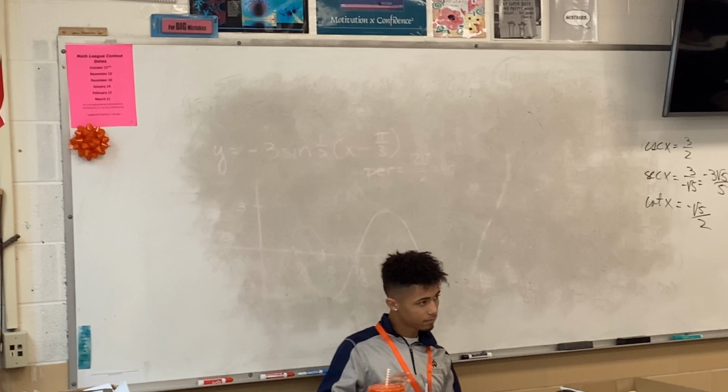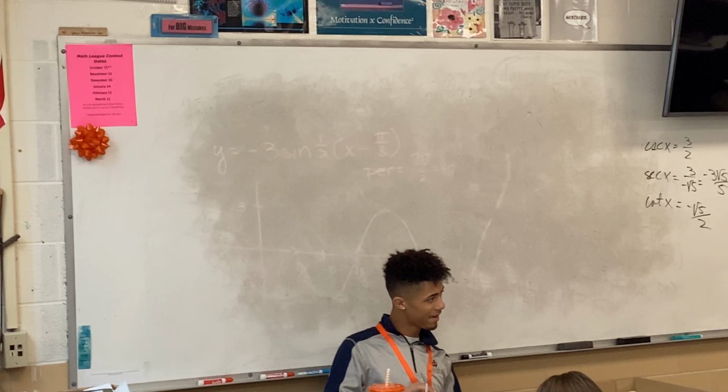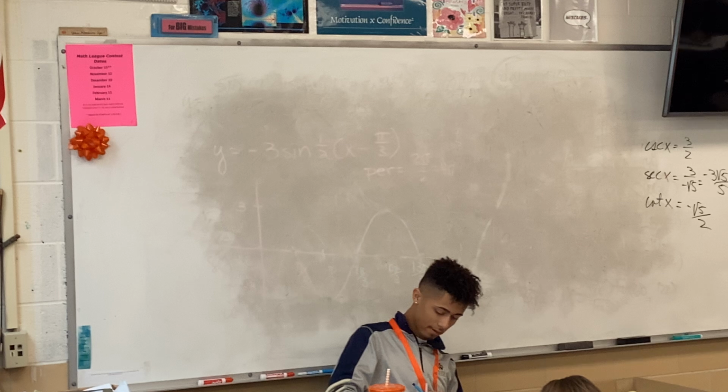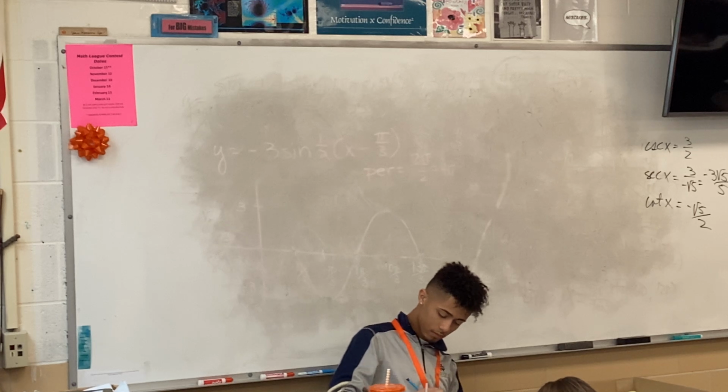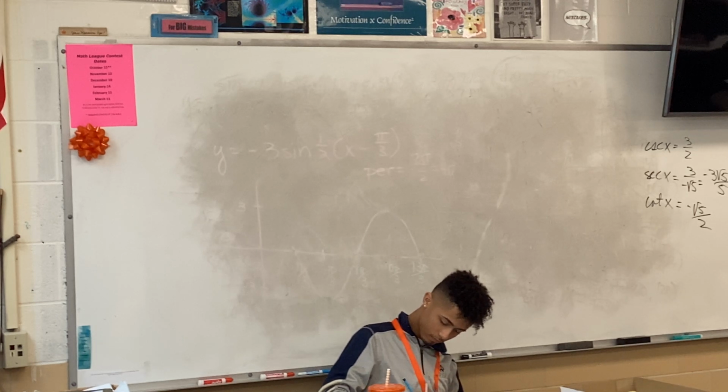You guys spread yourself out. Cosine 2 pi over 3, one problem. Bring it to me when you are done. No one needs a calculator for that. Cosine 2 pi over 3, take your time.